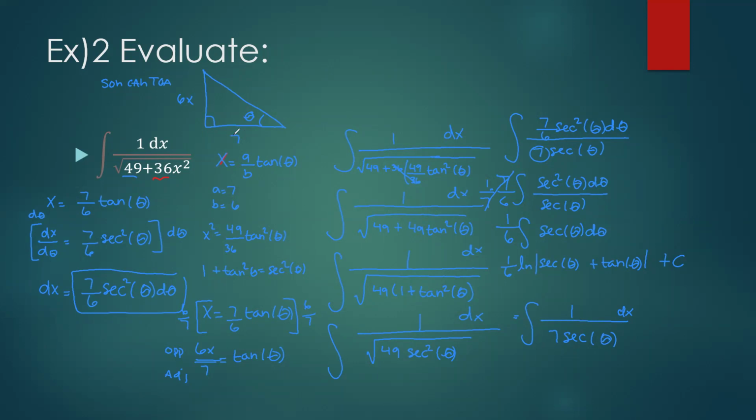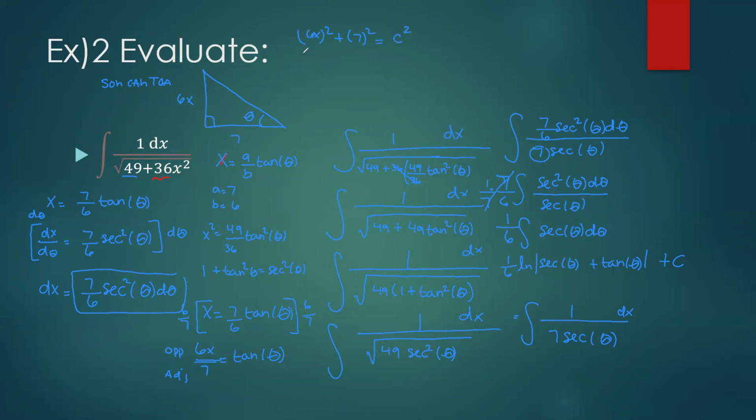And I've got to find out what my c is. In order to find the secant theta and tan theta, I need to find my hypotenuse. Because it is a right triangle, we can apply the Pythagorean theorem. So it would be (6x) squared plus 7 squared equals c squared.